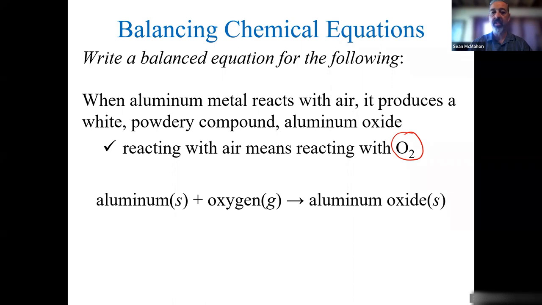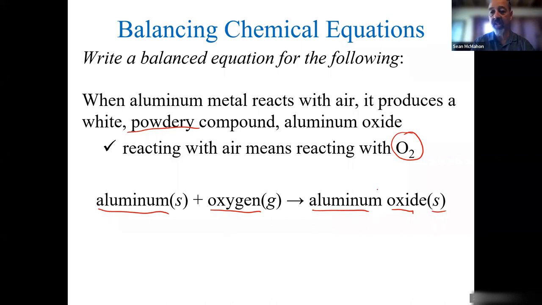So aluminum metal is solid at room temperature. Oxygen is a gas, it's a nonmetal, and a powdery compound. Powder is a solid, so the aluminum oxide is a solid. Now, in elemental form, aluminum is just Al, and I know it's an element because it's just aluminum. In elemental form, oxygen is one of the diatomics, so it's O2, but this is a binary ionic compound.